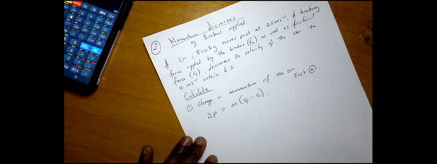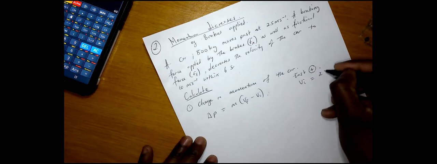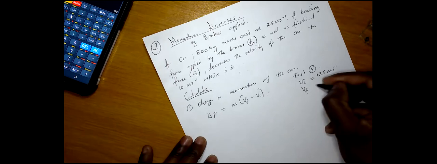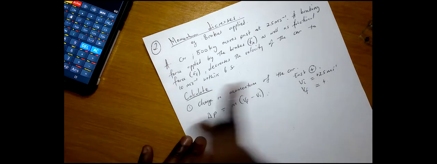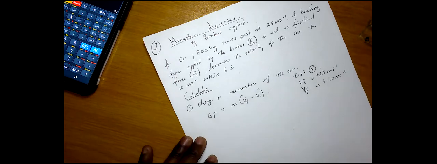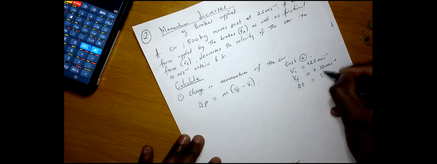V initial is plus 25 meters per second. V final is also plus, because it's still in the same direction. It's 10 meters per second. The change in time is equal to 6 seconds.